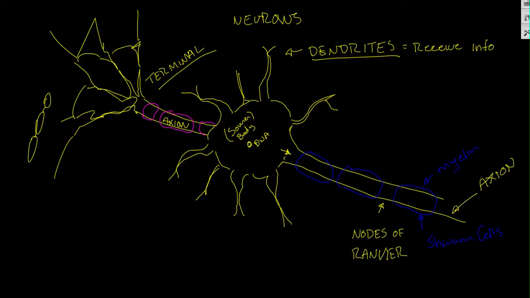And for the bottom two, he says we have nerves and we have tracks. And nerves are only in the peripheral nervous system, and tracks are in the central nervous system.